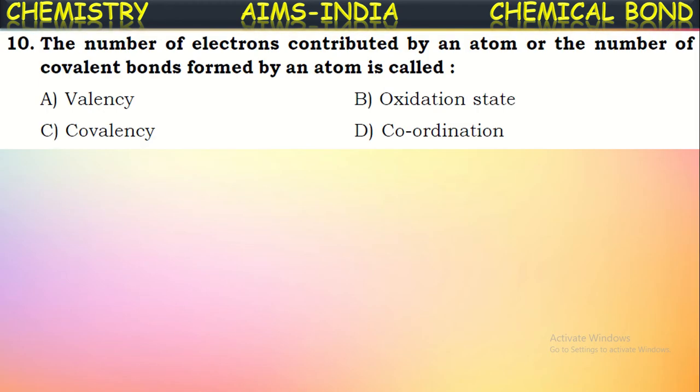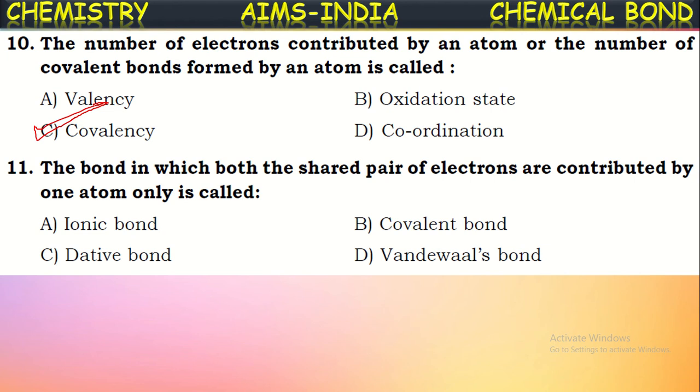Next one, the number of electrons contributed by an atom or the number of covalent bonds formed by an atom is called covalency. Just now I told here, the number of electron pairs shared by an atom in the covalent bond formation is called its covalency. Okay, covalency is the correct answer. It is a definition for covalency actually.